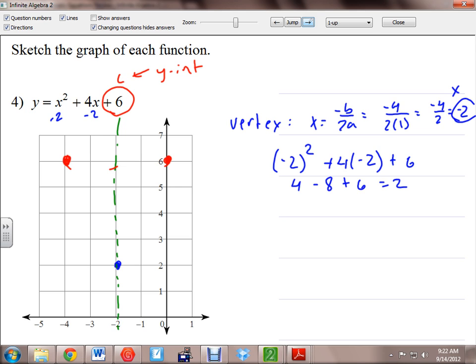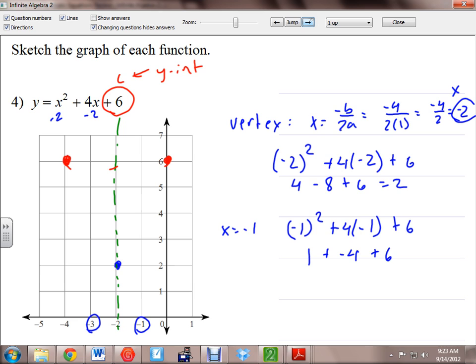What we will then need to do is pick an x value that hasn't been used, which would be -1 or -3, because those are close to the axis of symmetry, but they haven't been used yet. So we're going to plug that in. I'll choose -1. X equals -1 will go in, and we will have -1 in parentheses squared plus 4 times -1 plus 6. That's a +1 plus a -4 plus 6.